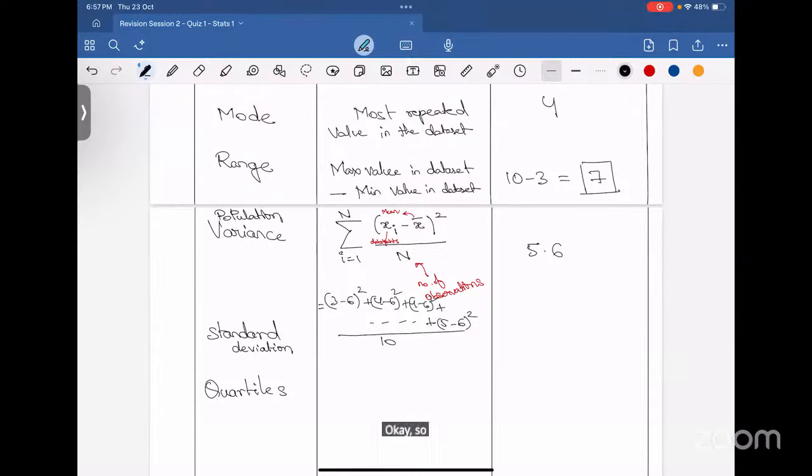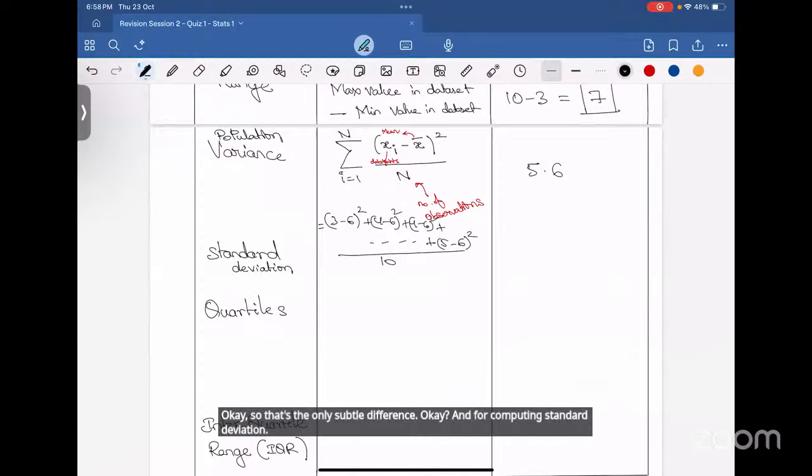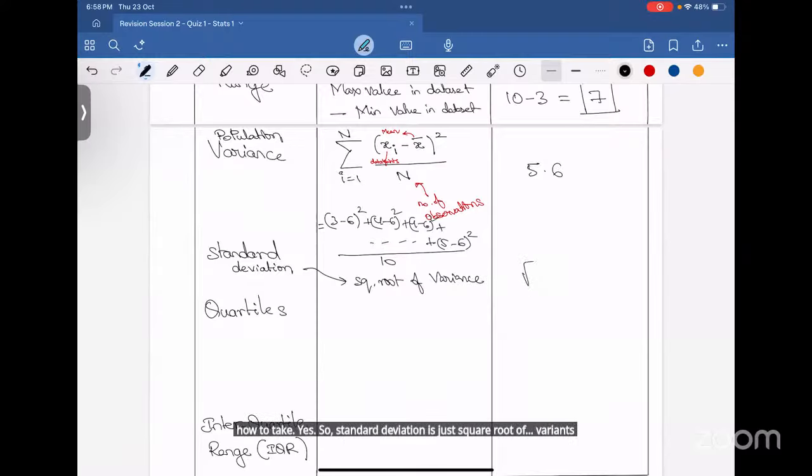That's the only subtle difference. And for computing standard deviation, you have to take the root of variance. Standard deviation is just the square root of variance, which is the square root of 5.6.